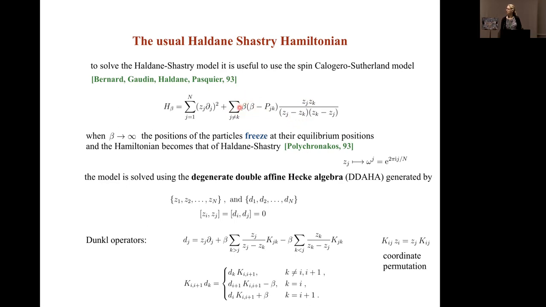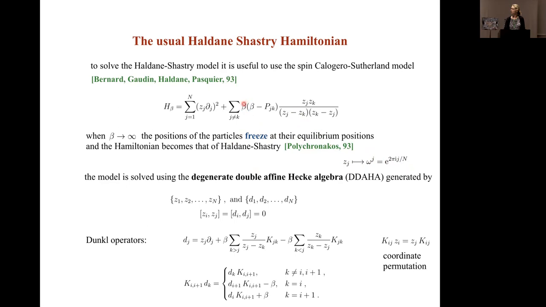You see, this model has a parameter beta, and when beta is large, this potential is very strong, and will tend to fix the particles at the equilibrium position, which is exactly this freezing position here, the roots of unity. That's a suggestion by Alexios Polychronakos. This is what I will call freezing in the following.